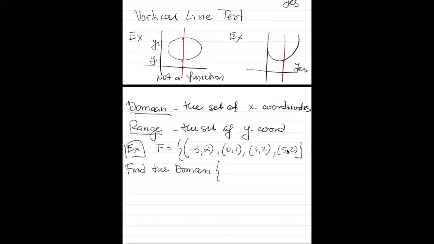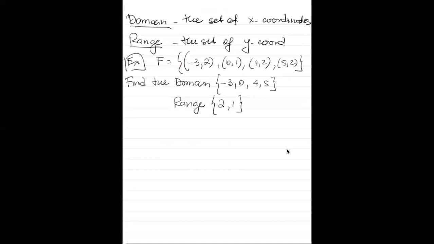So the domain will be the set of all x values, -3, 0, 4, 5, and the range is the set of all y values, 2, 1. I don't have to repeat 2 again, so that's it, 2 and 1.